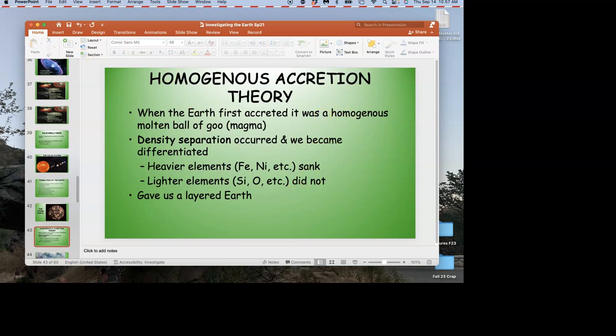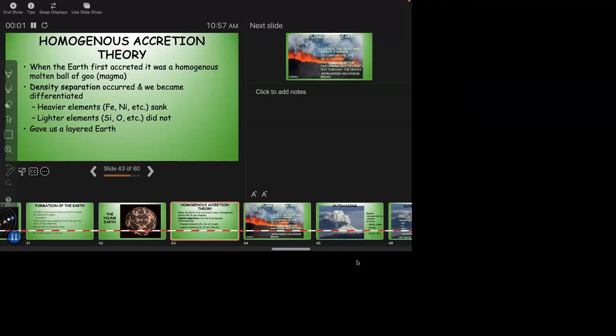The difference between that jug of orange juice and the earth is that the earth is a ball, a sphere. So out is the center. Down is the center. So remember earlier I told you, we explained why the iron and the nickel is in the center of the earth and not up at the surface. That's your orange pulp. Okay?